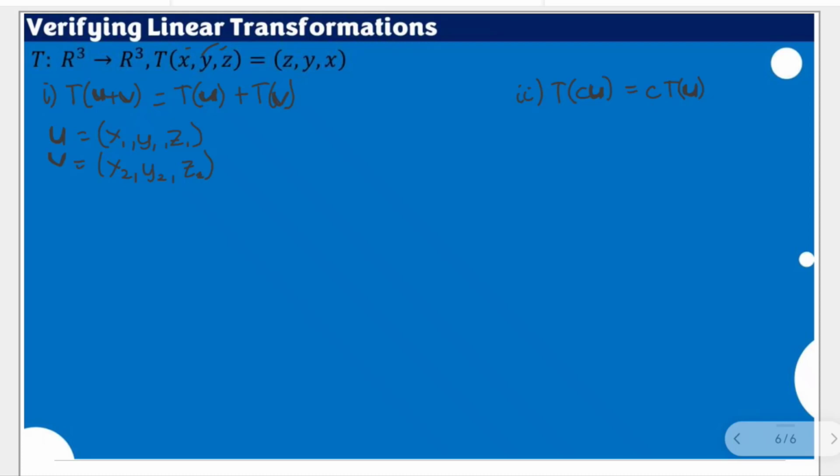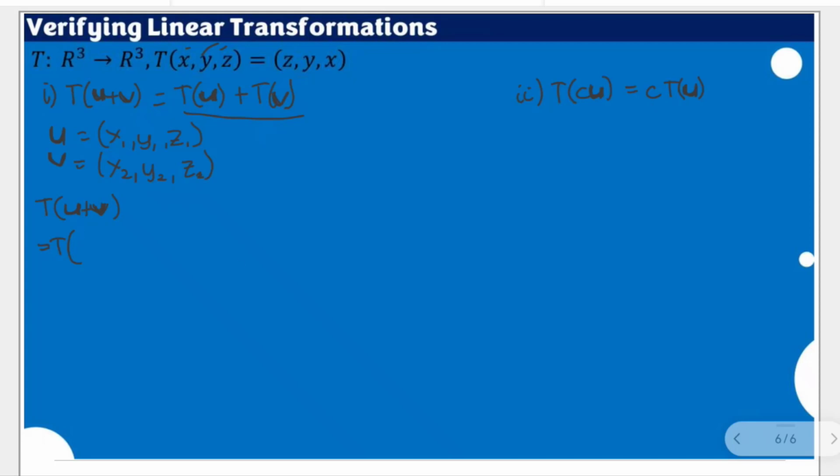So you have here the transformation of the sum, and we need to reach the sum of the transformations. But first, let's substitute the components for u and v.